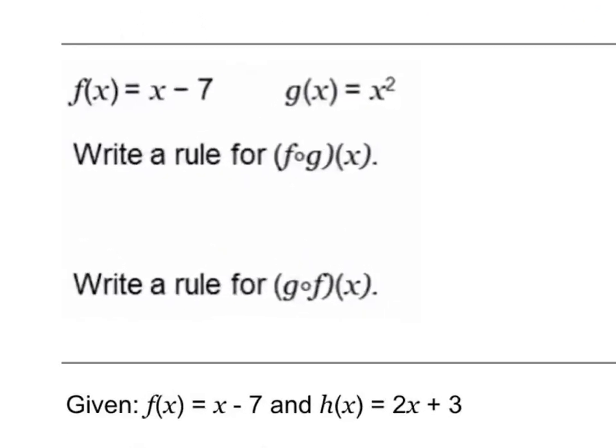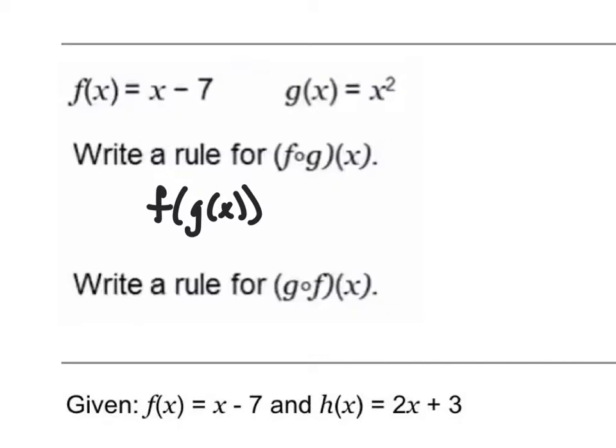And on this, you have these same functions, and it's going, okay, let's write an actual rule for this. Let's get a function out of this. So when it says f of g of x, that means that we're doing f of g of x, okay? And what I'm going to do is show you how I think about this.